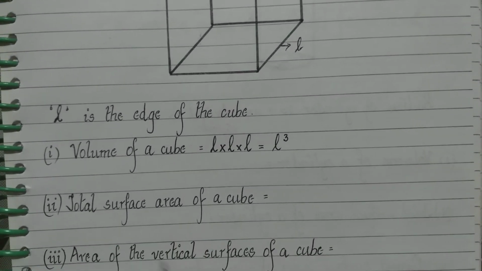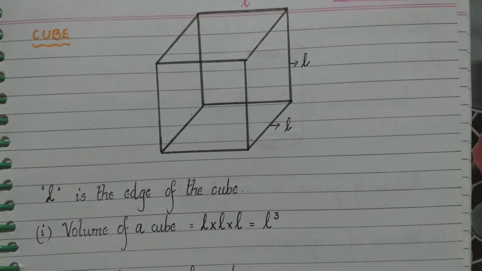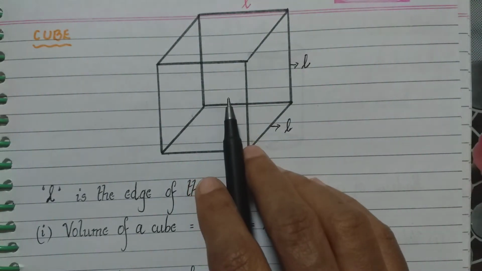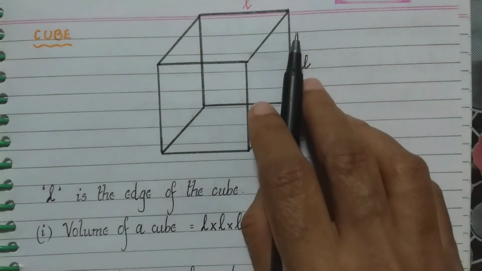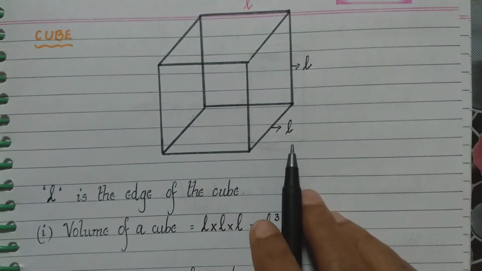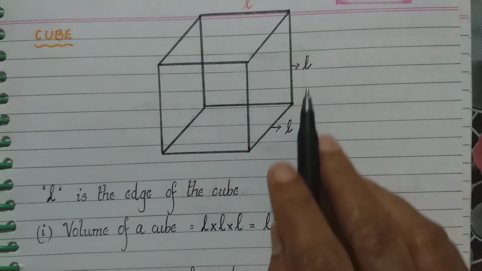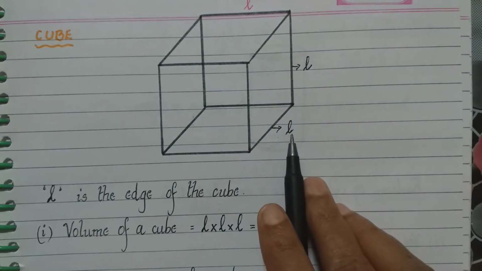Coming next to the total surface area of a cube. Now if you see, each surface of a cube is a square, and if I want to find the area of a square, what do I do? Side into side, and the side here is L, so side into side will be L into L, which is L square.